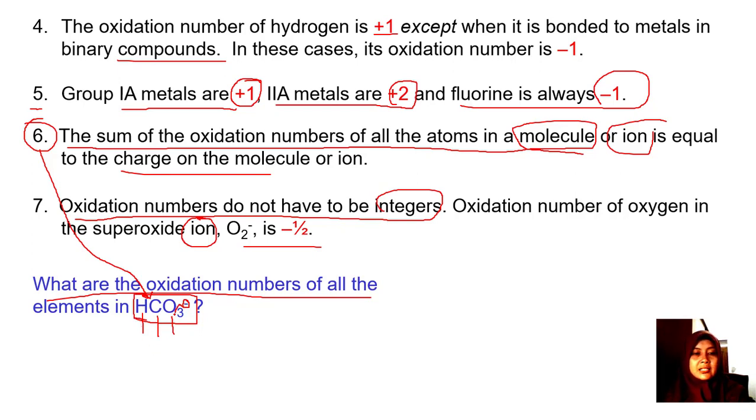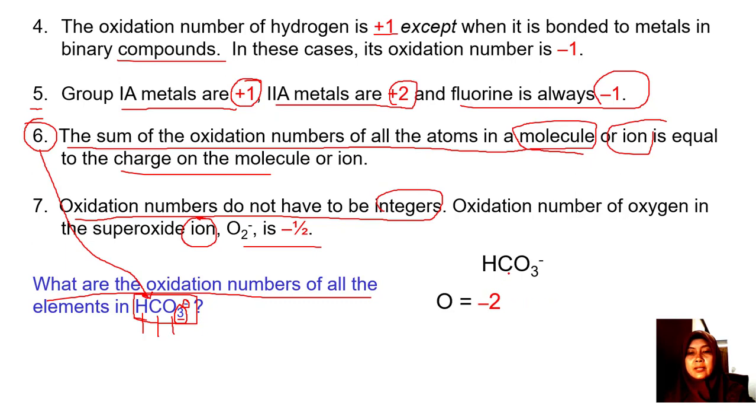Please note that there is a 3 after oxygen, which means the oxygen contained in this ion is 3. So the oxidation number of hydrogen plus the oxidation number of carbon plus 3 times the oxidation number of oxygen is equal to -1.